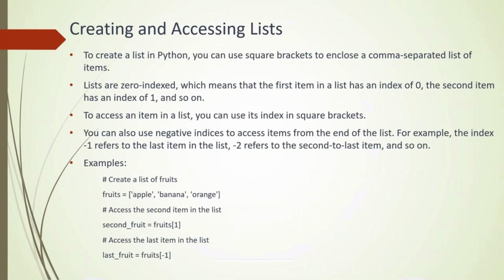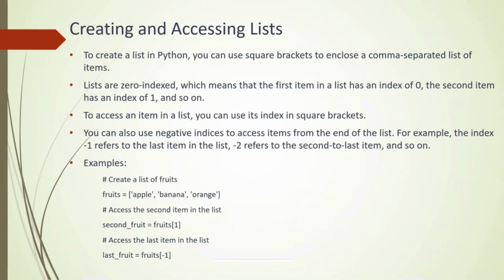If you wanted to access the second item in the list, it's going to take the index 1. Remember, we start counting from 0. So to access the second fruit, you say fruits, then in square brackets, you say 1. That will return the second fruit in that list, which is banana.